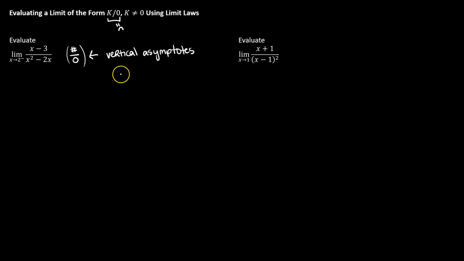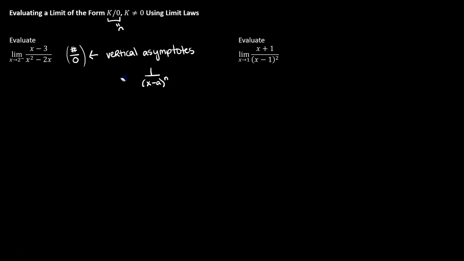That's exactly what's happening here. We have a rational function and we are taking a limit that's causing the denominator to approach 0. The basic form of a vertical asymptote would be something like 1 over x to the n power, or we could even say 1 over x minus a to the nth power.